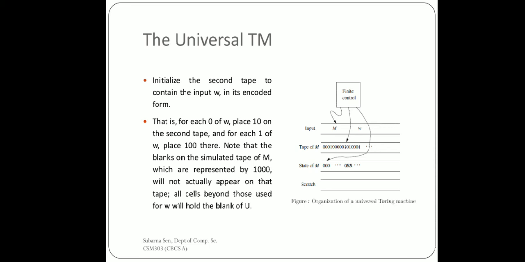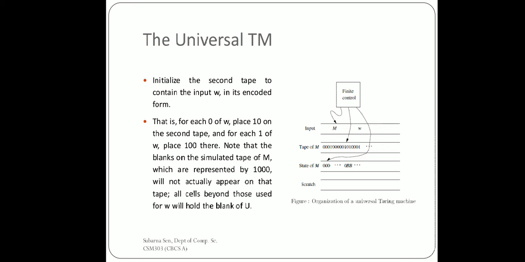For each 0 of W, place 1 0 on the second tape, and for each 1 of W, place 1 0 0 there. So if you remember, if my first symbol was X1, meaning it is 0, how are we going to represent it?